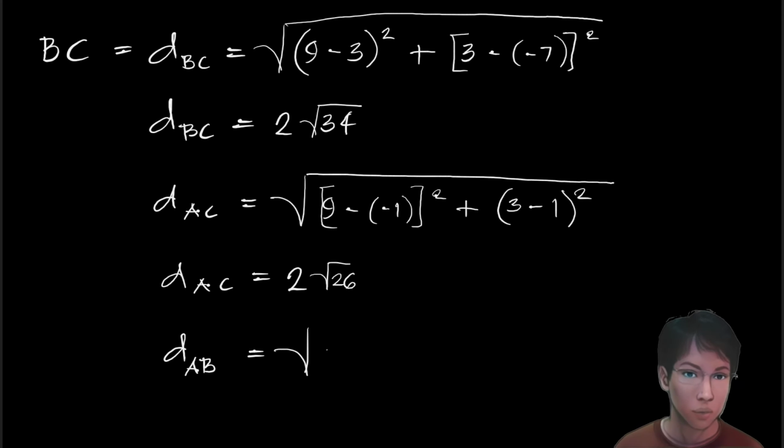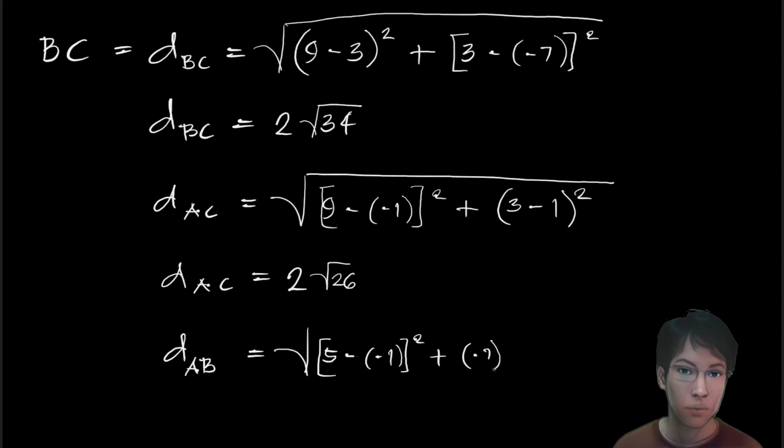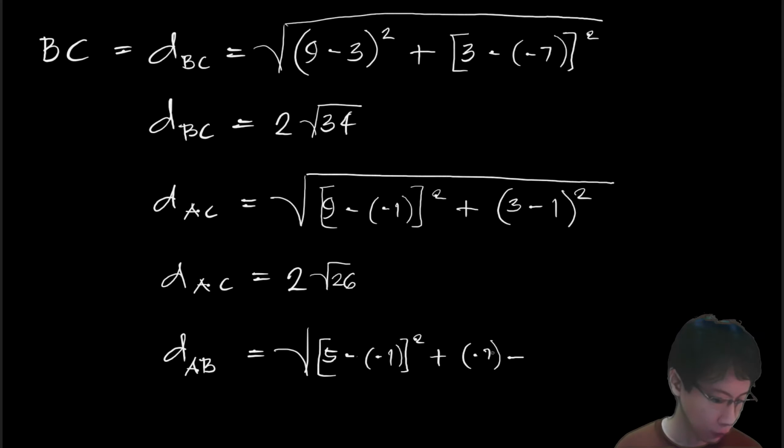AB. So that will be 5 minus -1, plus -7 minus 1. So this is 7.